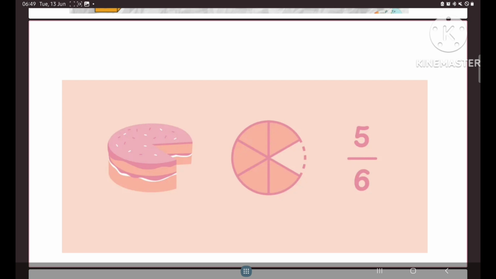The first one is using a real cake for the lesson of fractions. The second diagram shows using a picture to teach the lesson of fractions. The next one is using symbols and numbers.